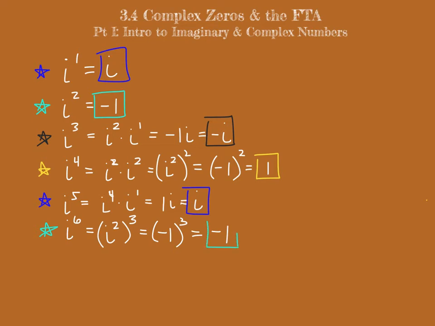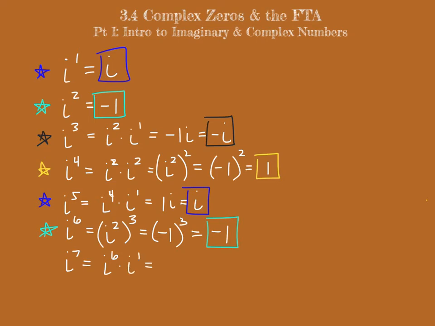That's cool. It looks like we are following a pattern here. What would you expect i to the seventh to be? If we're following the pattern, it looks like it would be -i. And you can work through that one as well. How would we work through it with an odd number? Let's see. For i to the seventh, we want to use i squared. So I'm going to rewrite i to the seventh as i to the sixth times i to the first.